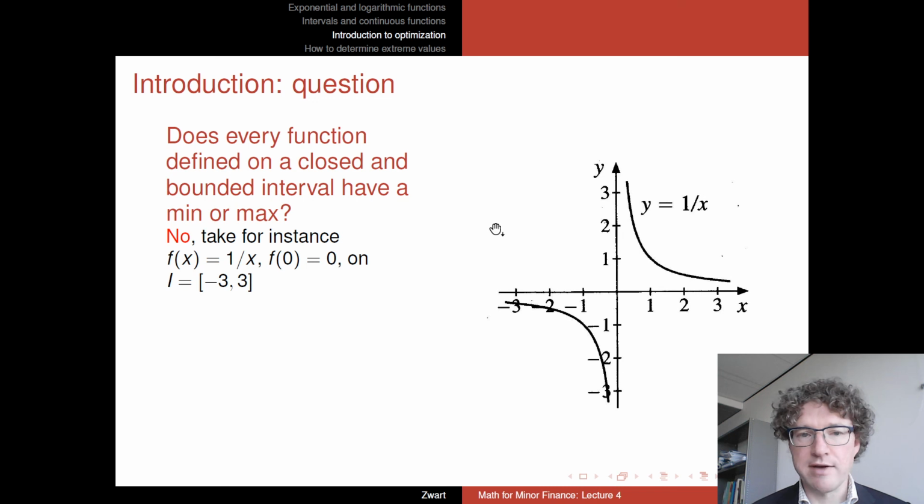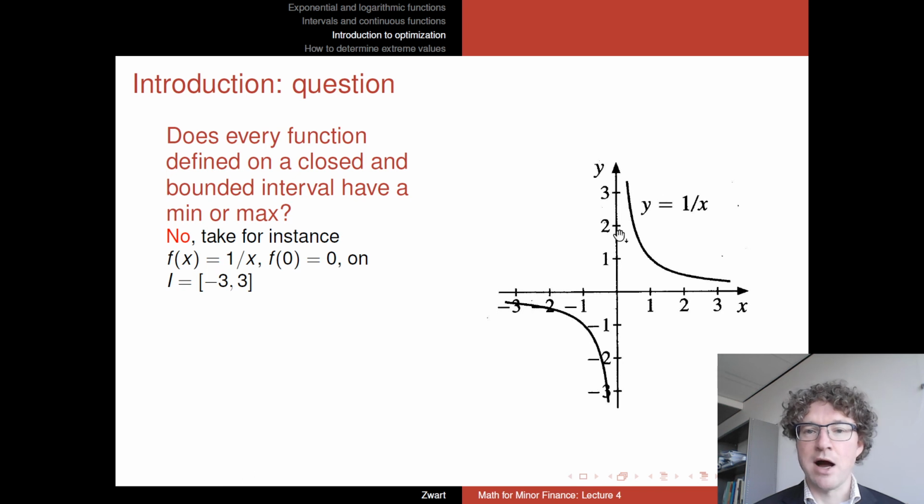It will give us a number, so we can look at this function on the interval -3 to 3. Nice bounded interval. It's also closed, so we're careful to include -3 and 3. So this is a closed and bounded interval. We have this function. Does this function have a maximum or a minimum? No, it doesn't.